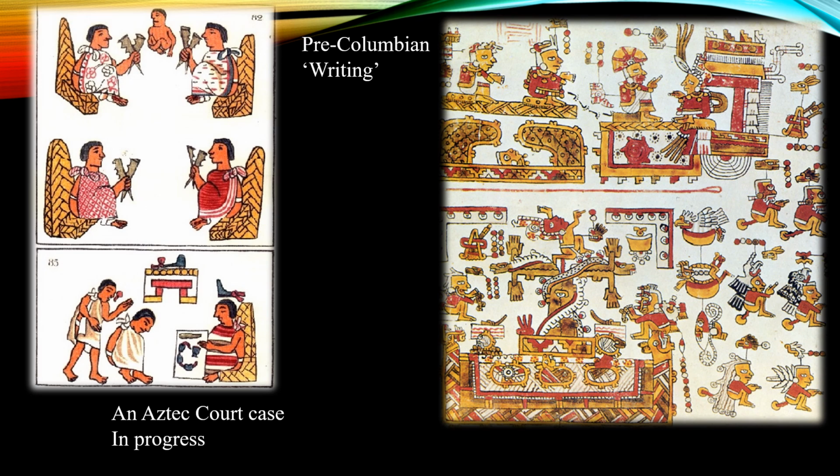Now I want to draw your attention to all of those little bitty dots. Some are yellow and white, some are red. Those are calendar markers. All along the right side of the image, especially the lower right, you can see other calendar markers. And so the dots indicate the day.